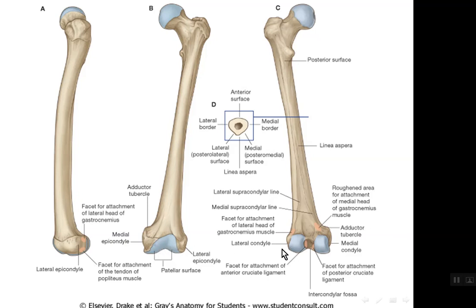The name of the fossa, which is located in the posterior aspect of the femur, is the intercondylar fossa. But this surface's name is patellar surface, because this surface is specialized for articulation with the patella here.